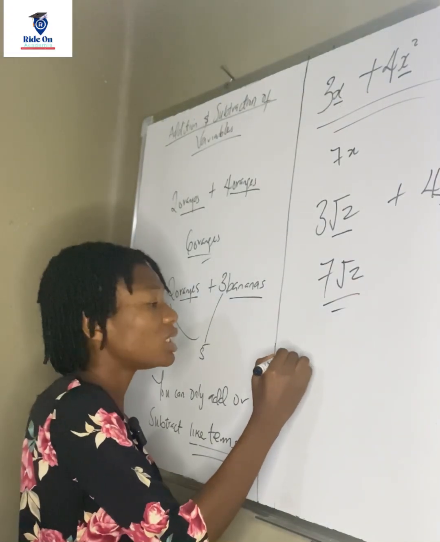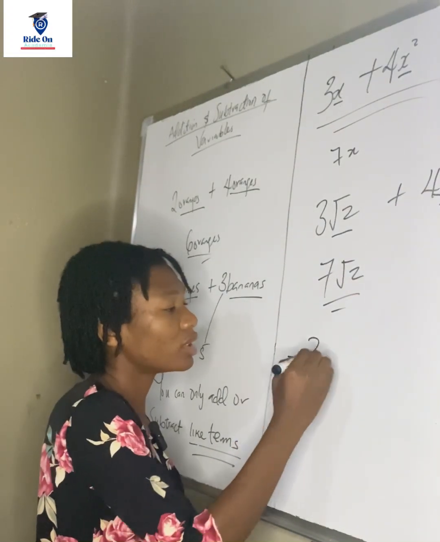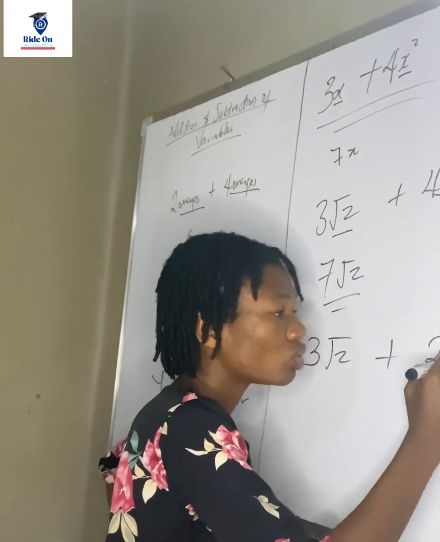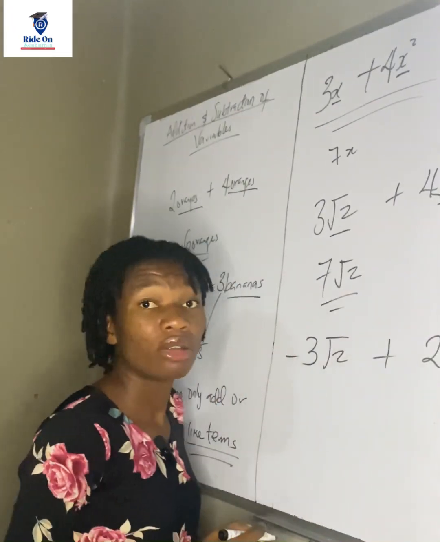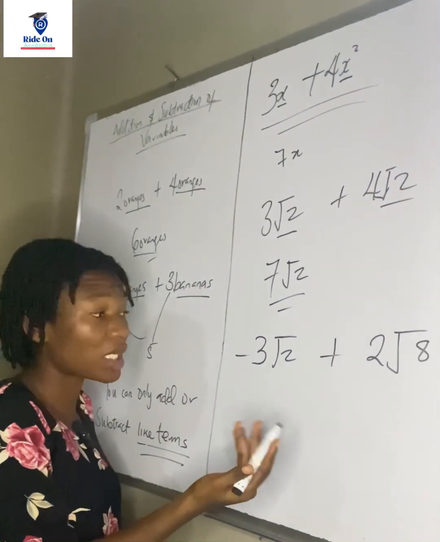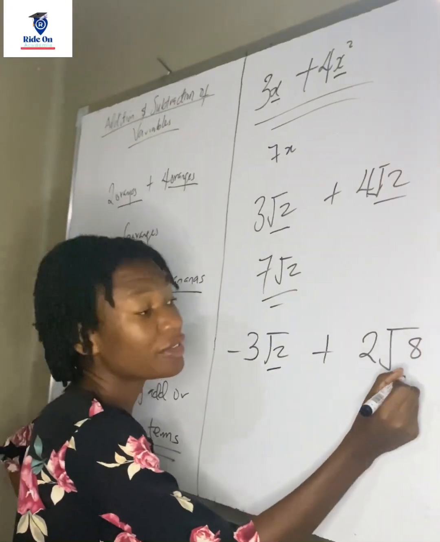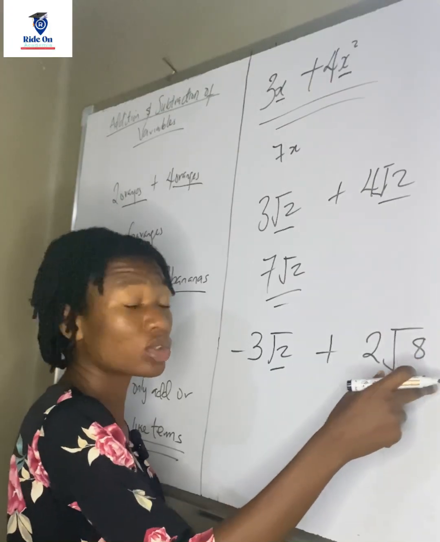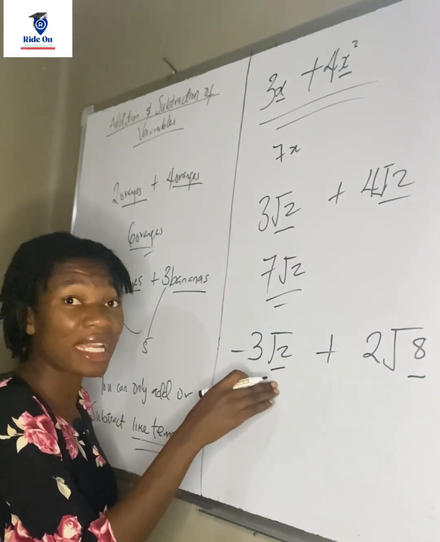You can have something like minus 3 root 2 plus 2 root 8. If there's a way you can simplify to have the same terms, right now you see that these terms are different, but there is a way we can simplify. We can break down 8 to be able to have the same like term as this.